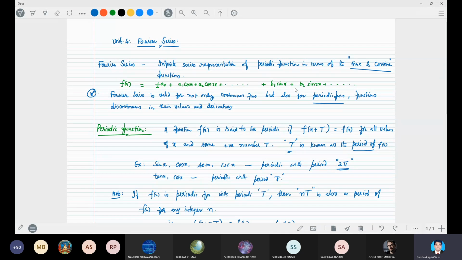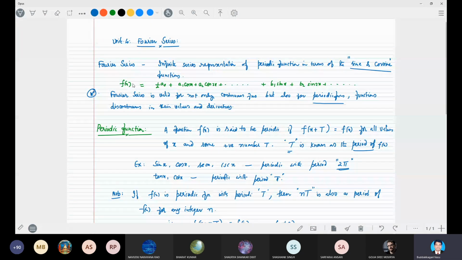Within a desired interval, a range of values of the variable, x belongs to some finite interval. Such series are called the Fourier series. This is what we can express symbolically or mathematically as the above definition, where this is the function f(x), any function which may be a periodic function.